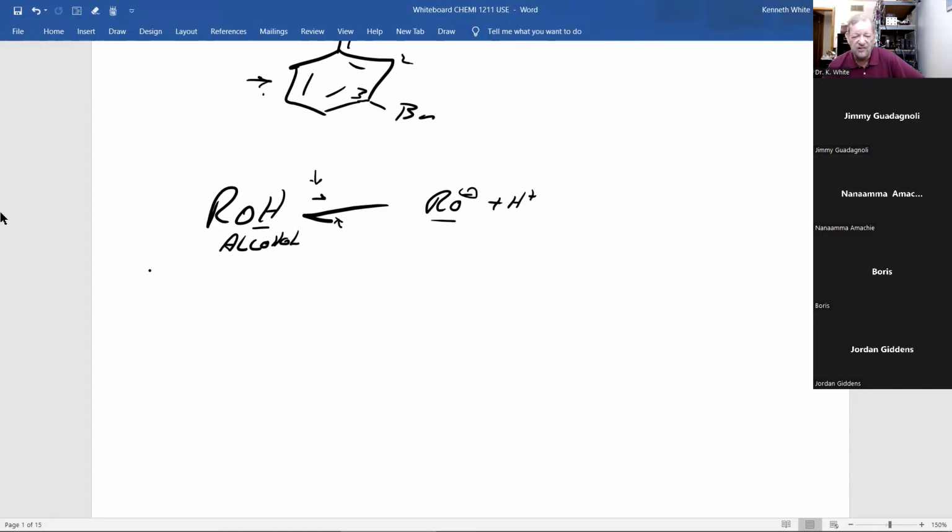But what that means is this is called the alkoxide ion or anion. And if this is a very weak acid, alkoxide is a very, very strong base. And it's stronger than sodium hydroxide and potassium hydroxide.